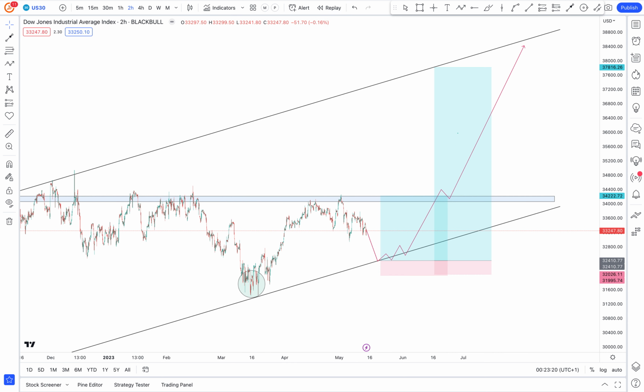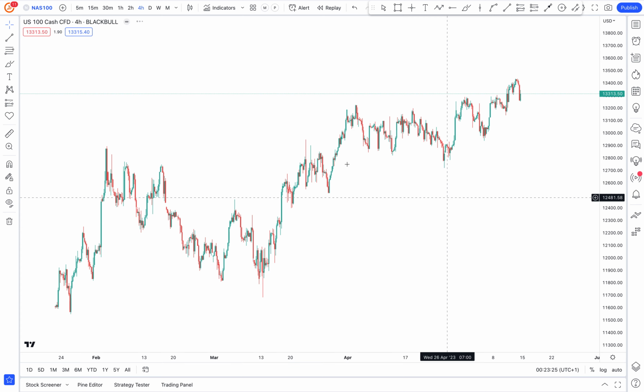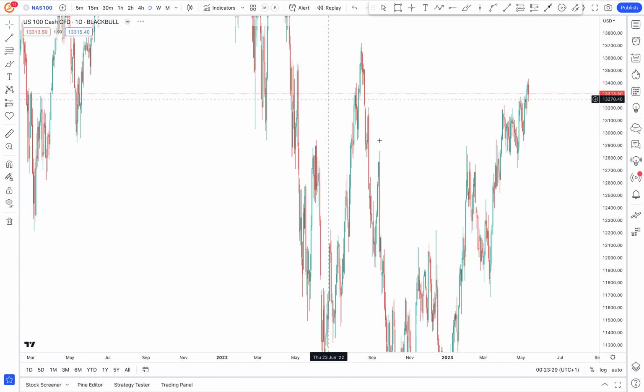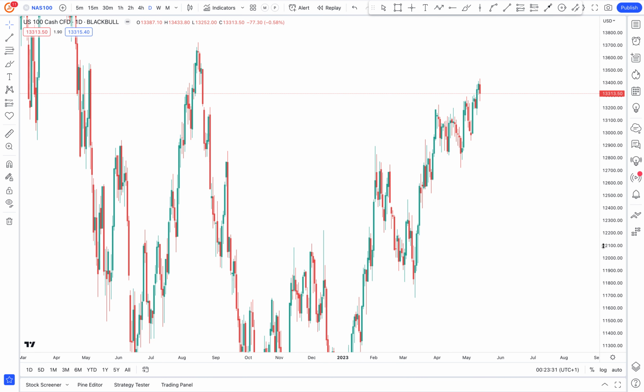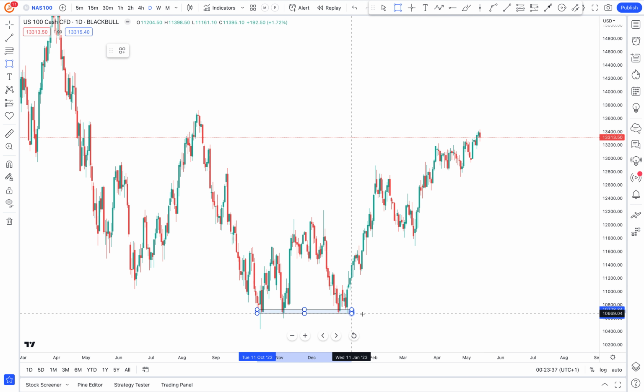So let's go to NAS100 for this week. For NAS100, guys, let me go up to the daily time frame. Guys, NAS100 has been on a bullish ride. It's been pushing up after we had this sort of triple bottom.